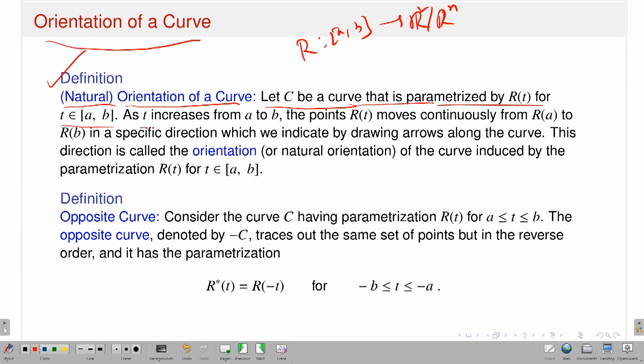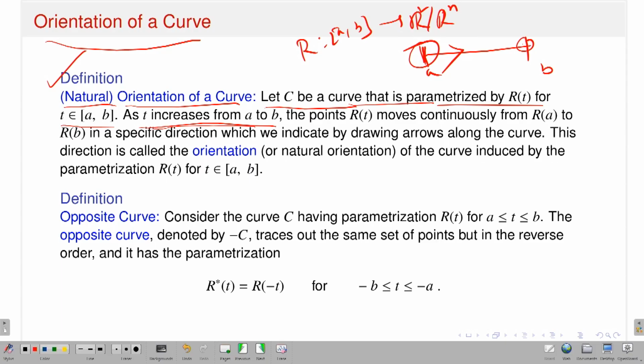Now look, as t increases from a to b, I have this interval with a and b. So I will start from a, go in this direction, and end with b. So t increases from a to b, that means t takes the value t equal to a first and then moves towards b.